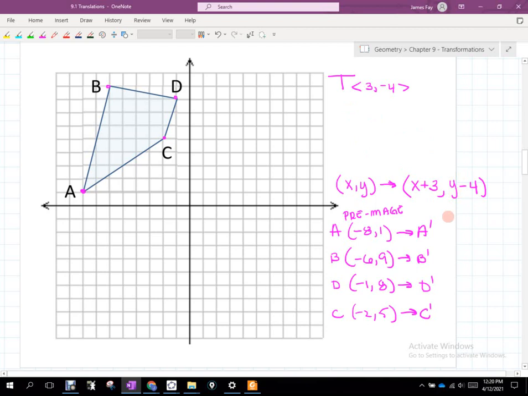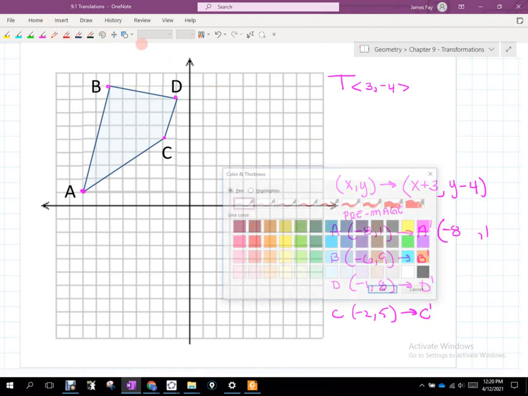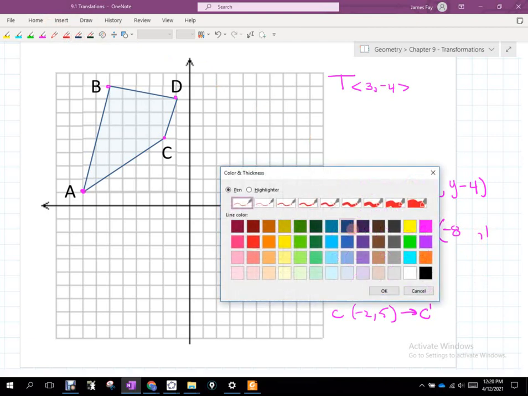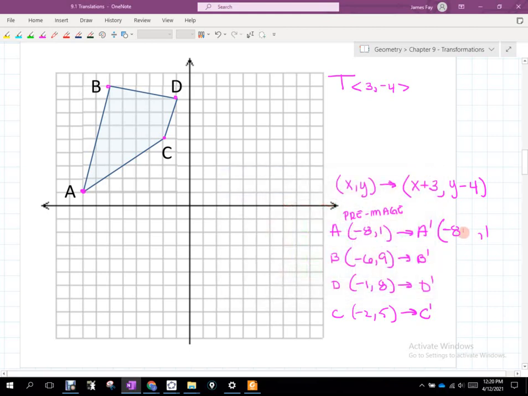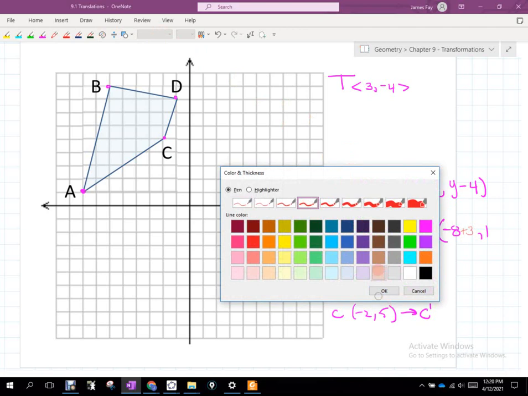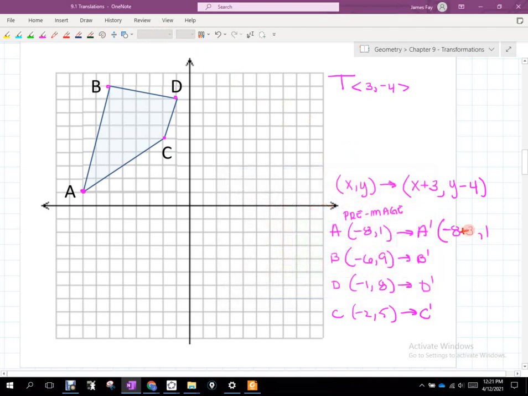But now all I'm going to do is say, well, A prime is going to be found by taking this pre-image, negative 8 and 1, and applying this rule that says you add 3 to the x value, subtract 4 from the y value. Does that make sense?